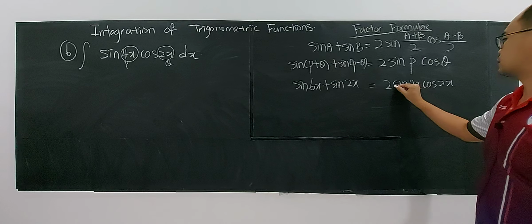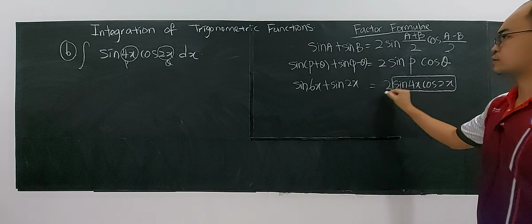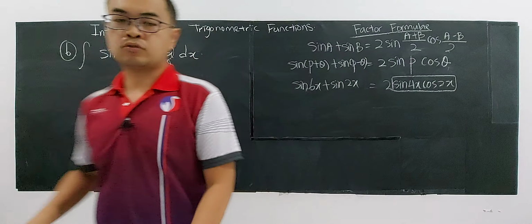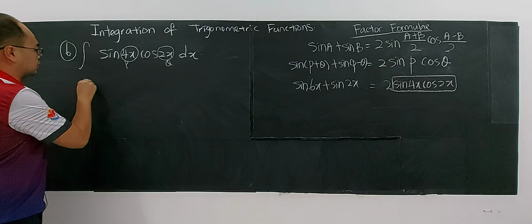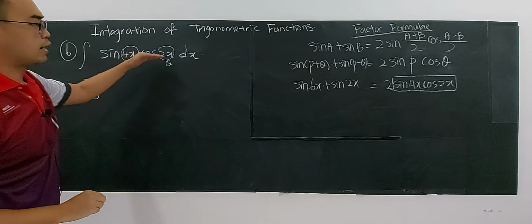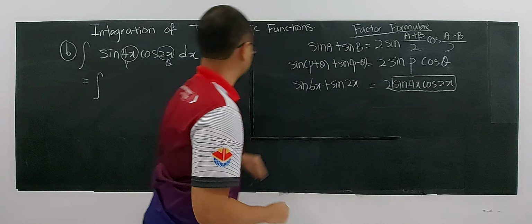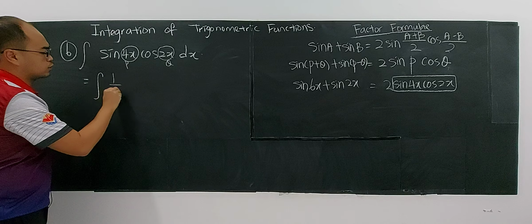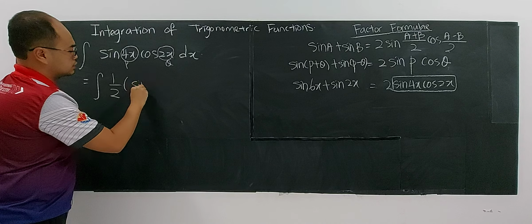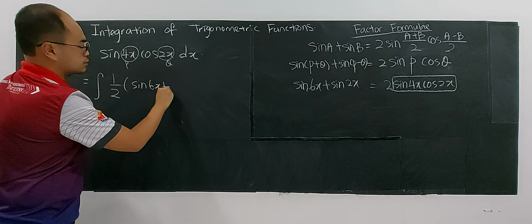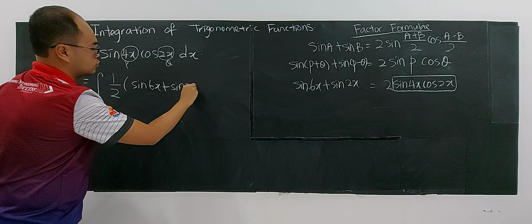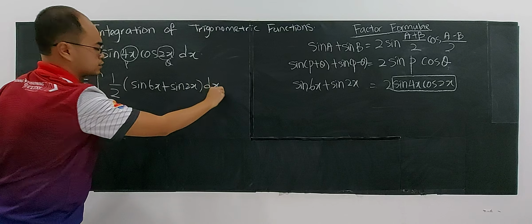Now I convert here. I just rewrite everything, and I know that integrating sine 4x cos 2x is the same as integrating 1 over 2 times sine 6x plus sine 2x dx.